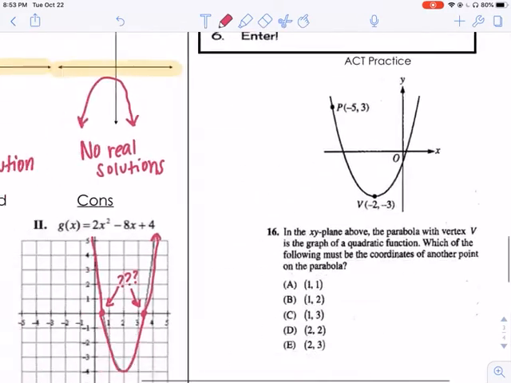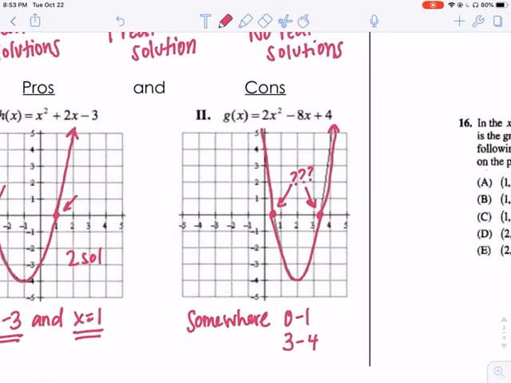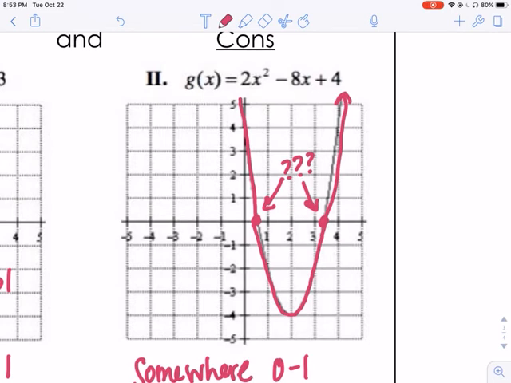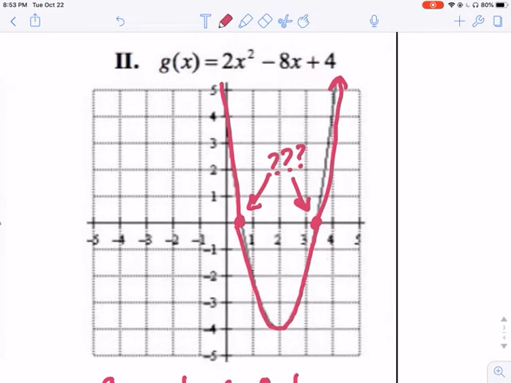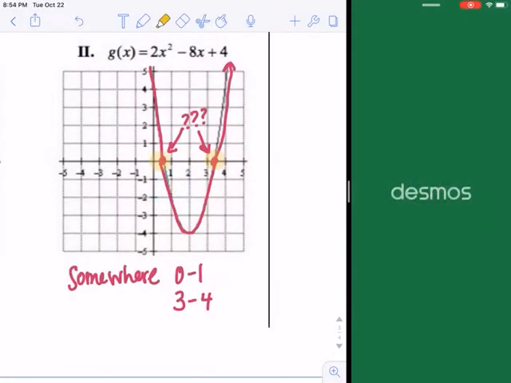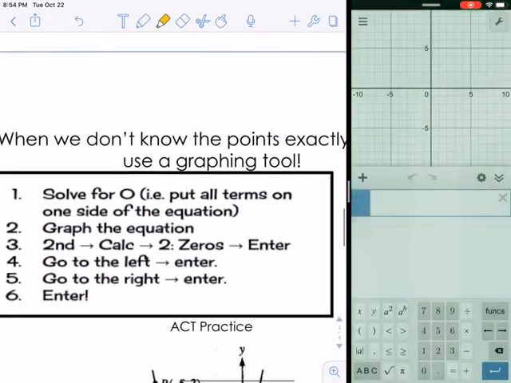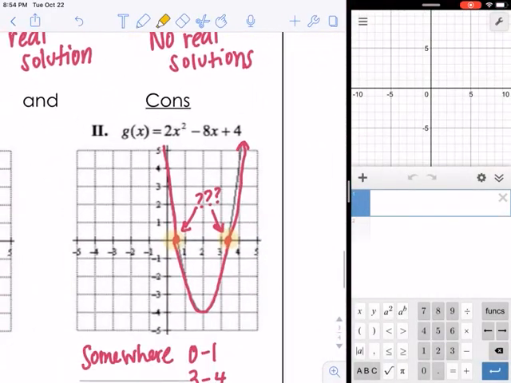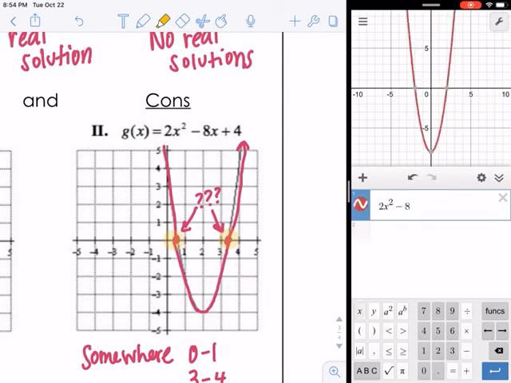In situations where it's bad, when it touches at some strange point, we can use our calculators to help us solve it. I have Desmos here on my phone. I'm going to graph 2x squared minus 8x plus 4.